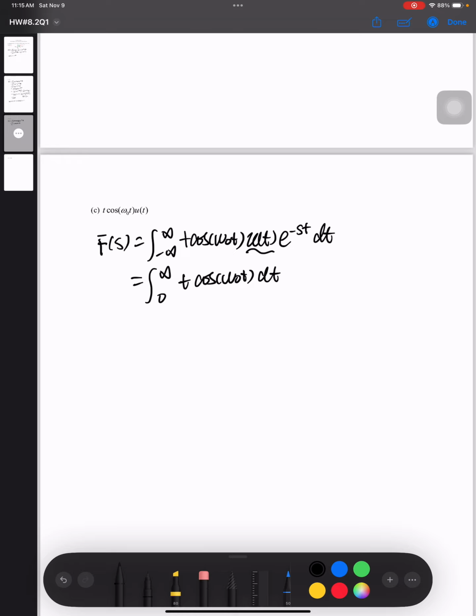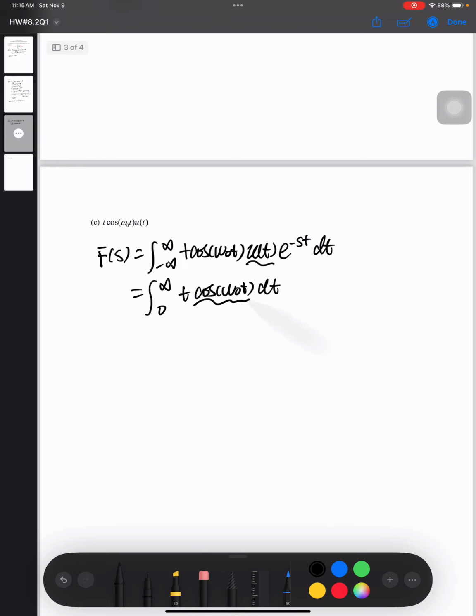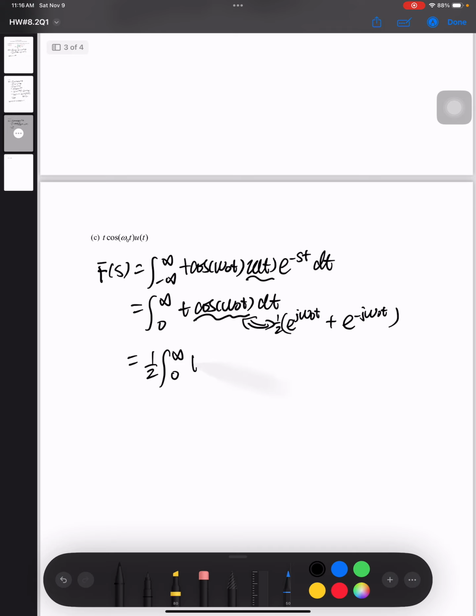We can convert this to the exponentials, 1 over 2 times e^(j omega_0 t) plus e^(-j omega_0 t).